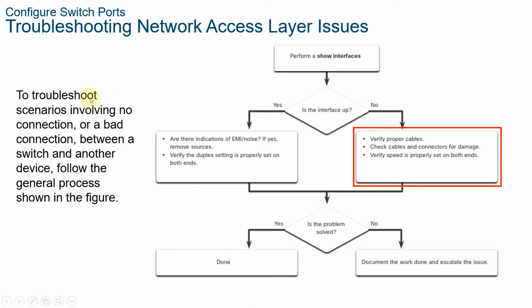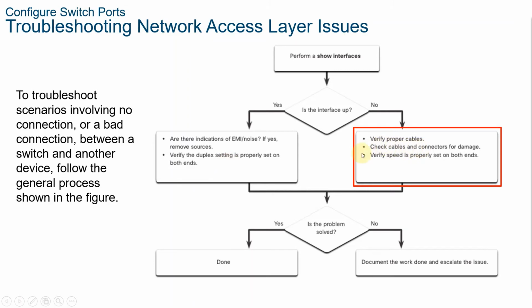So ongoing maintenance and troubleshooting of the network infrastructure is required. Now, to troubleshoot scenarios involving no connection or a bad connection between a switch and another device, be it a router or a PC, we need to follow the general process shown in the figure here.